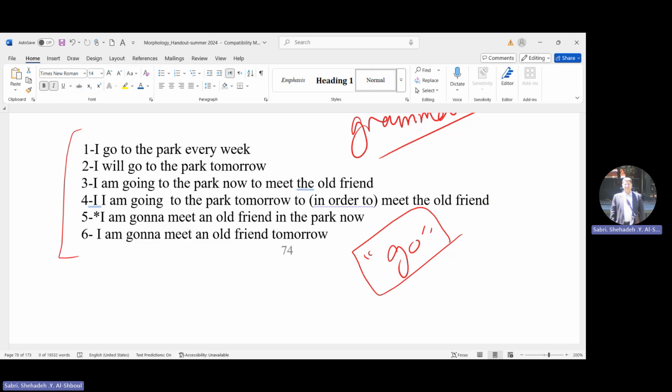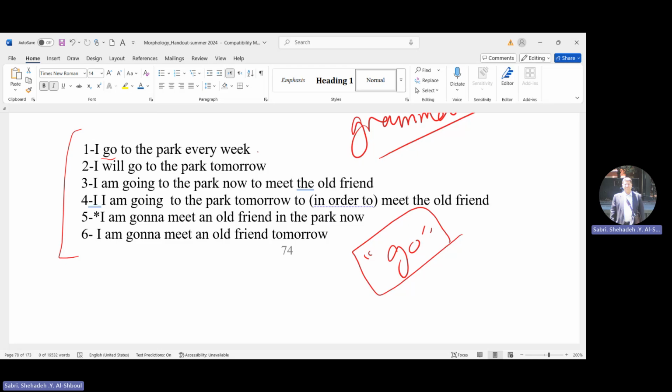If we look into example number one, "I go to the park every day." Here the verb go is lexical. It has semantic content, features. It indicates the moving of a body from one place into another. So this verb go is lexical.